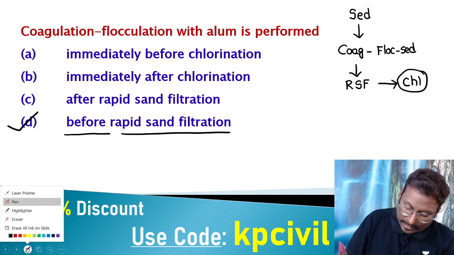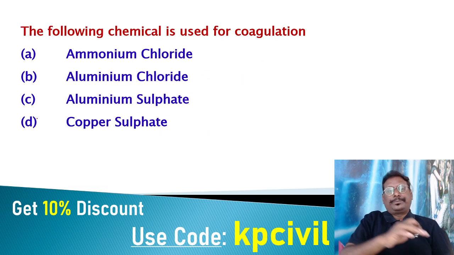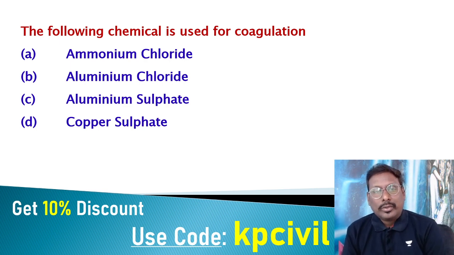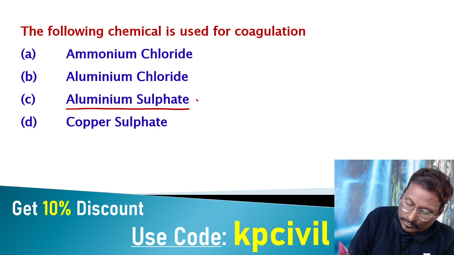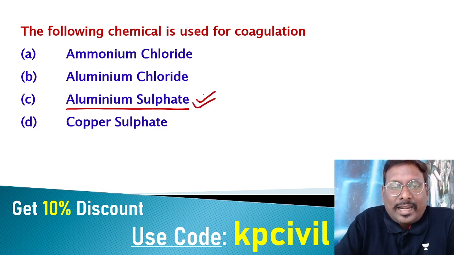So coagulation, flocculation, sedimentation will occur before RSF. Following chemical is used for coagulation: ammonium chloride, aluminum sulfate, copper sulfate. Alum is aluminum sulfate, so you can take that.